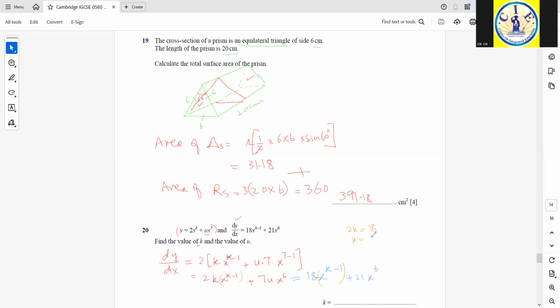The value of k is 18 by 2, that is 9. And then the coefficient of x raised to the power 6 is 21. So that gives 7u is equal to 21. So the value of u is 21 by 7, that is 3. So k is 9 and u is 3.